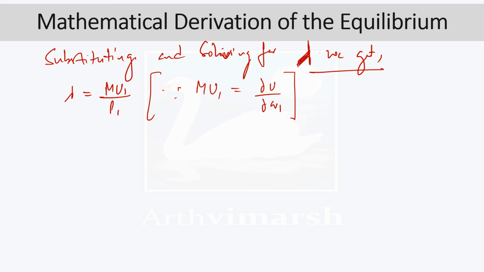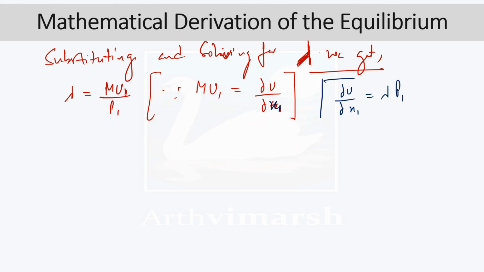Given this ratio, I can rewrite my lambda as the ratio of the marginal utility to price, because in the expression for the first commodity, we had del u upon del x1 equal to lambda times p1.